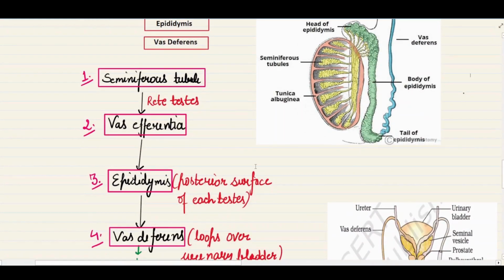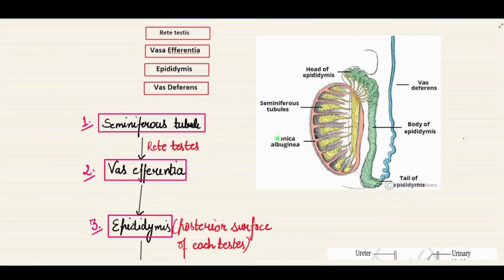Now, after the vasa efferentia, it will leave the testis by the epididymis. This is the testis, this is the rete testis, and these all are the vasa efferentia. Now this part formed is the epididymis.